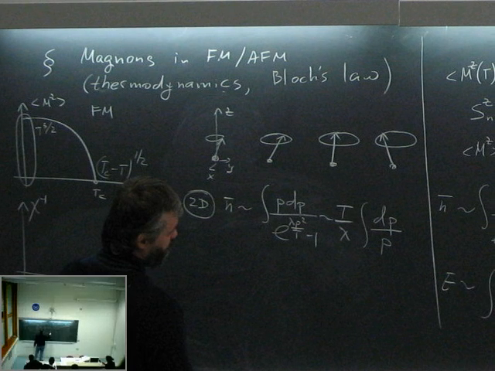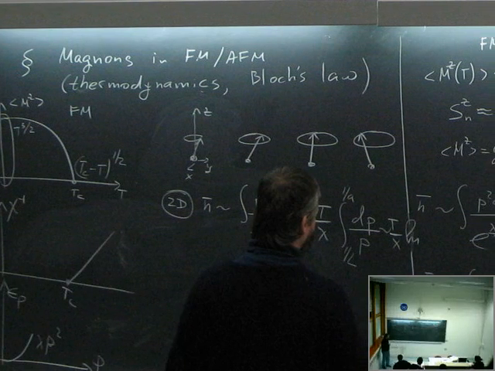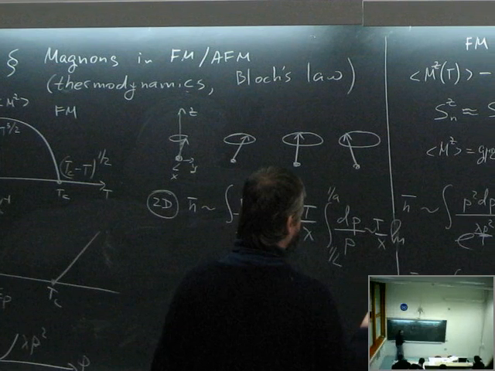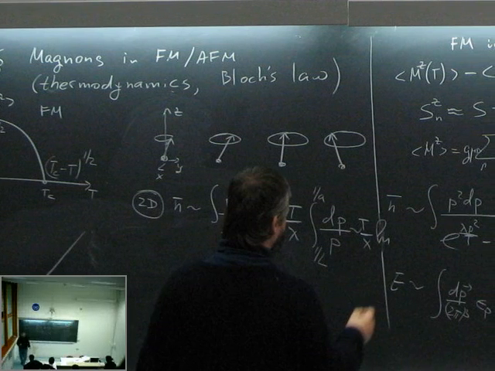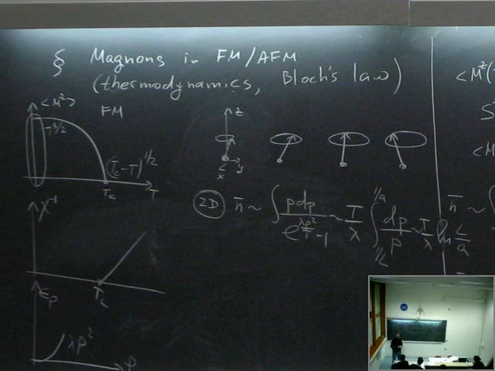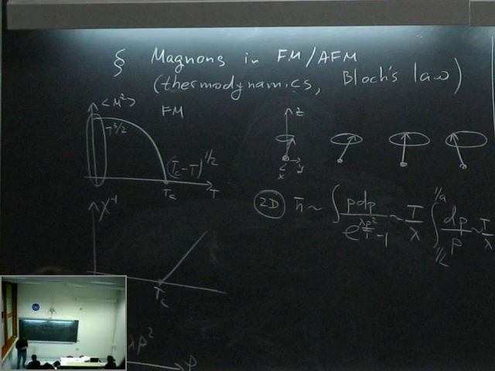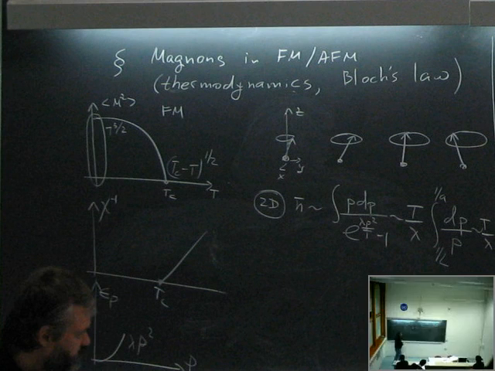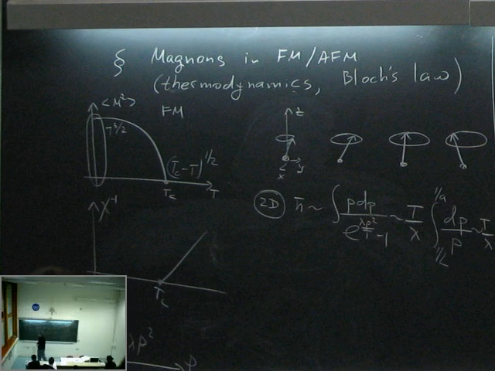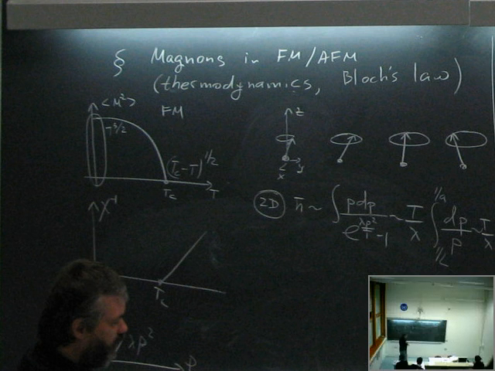So it's T over lambda logarithm L. So the number of magnons diverges logarithmically with the size of the system, which actually tells us the trouble with long-range order in two-dimensional ferromagnets, and this trouble can only be resolved if temperature is equal to 0, since the logarithm is a slow function. We arrive at the statement of the Mermin-Wagner theorem saying that there is no long-range order for a two-dimensional system when spontaneous continuous symmetry is broken and the interaction is short range, except for temperature equal to 0.